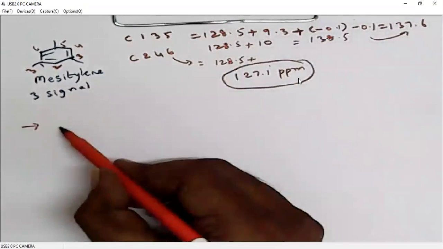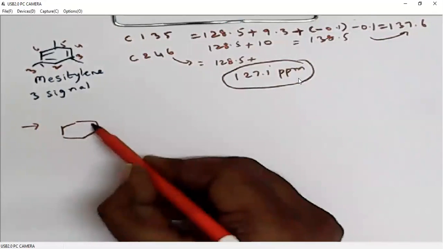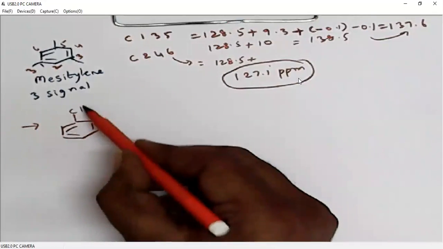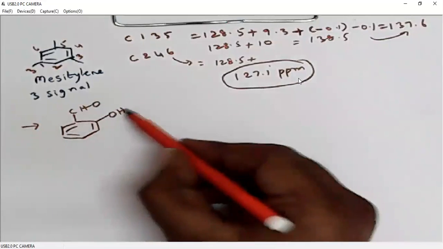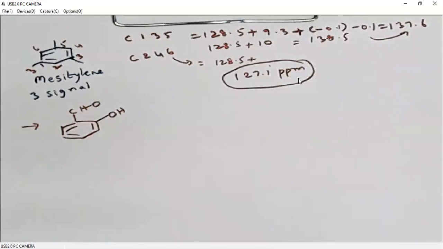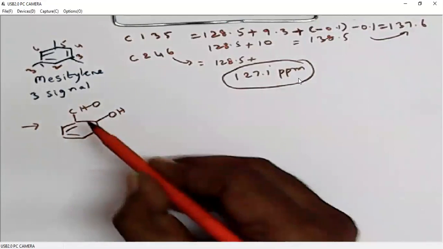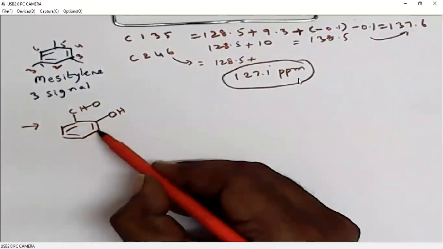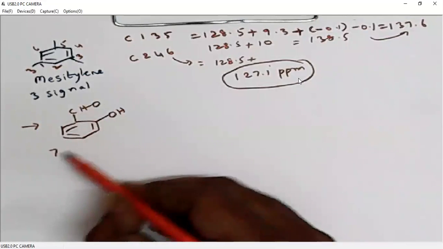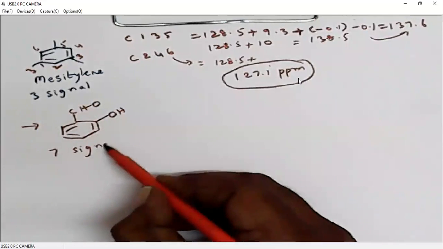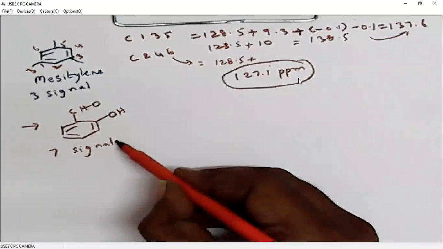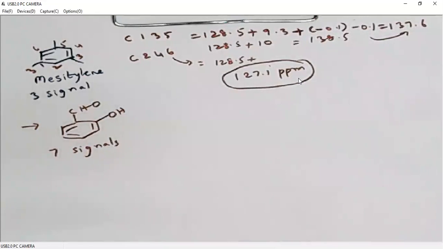We will try one more problem. Anisaldehyde. It is not a symmetrical molecule, so it will give 7 signals. Because it is not a symmetrical molecule, it will give all the 7 signals for carbon 13 NMR.